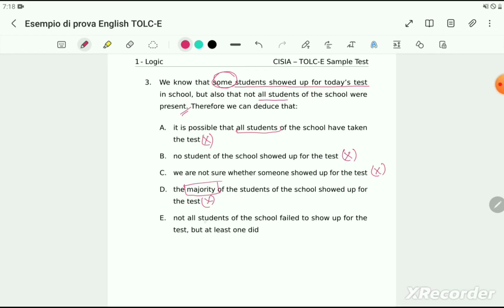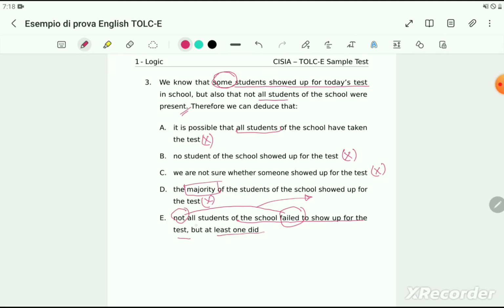Not all students of the school failed to show up for the test, but at least one did. So remember, this is very tricky. Here is a negative and this verb is also negative. Interesting, right? So not all students of the school failed. That means if we do negative and negative, it becomes positive.